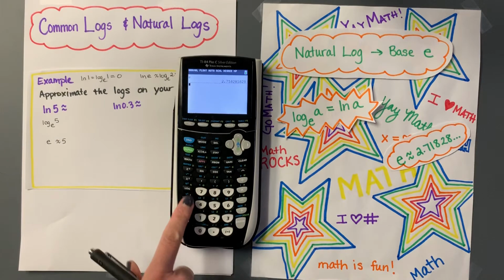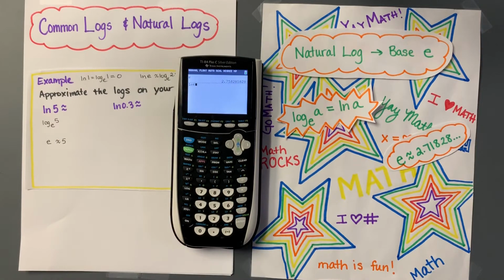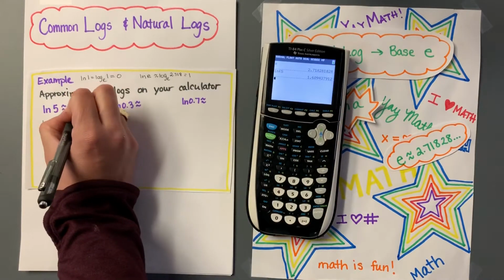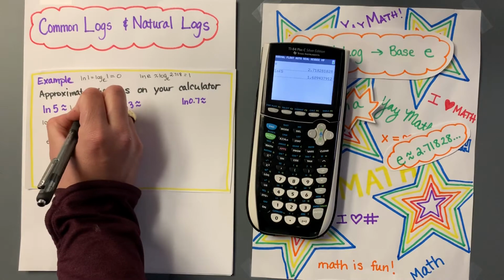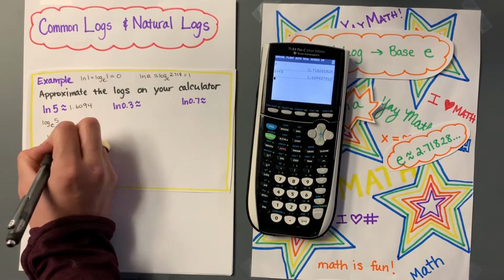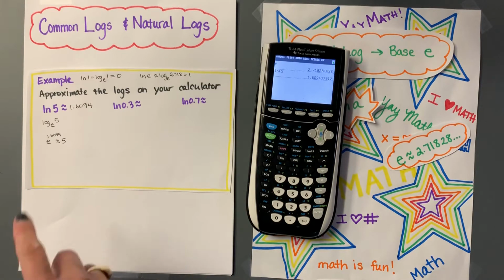So I'm going to hit the ln button on my calculator. ln of 5 gives me 1.6094. So e to the 1.6094 should be approximately equal to 5.